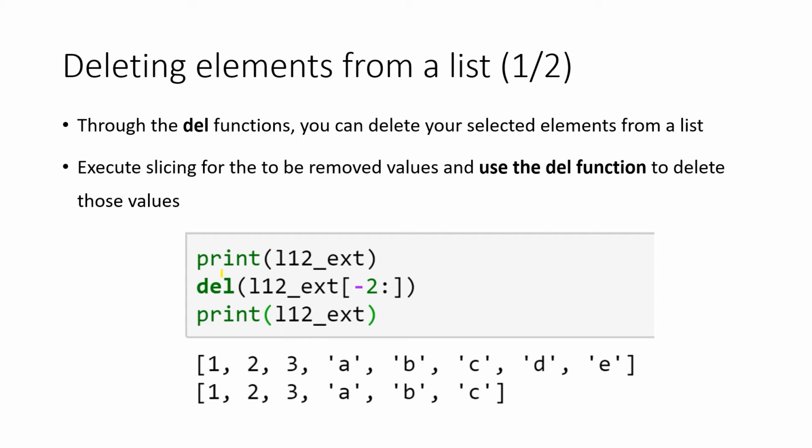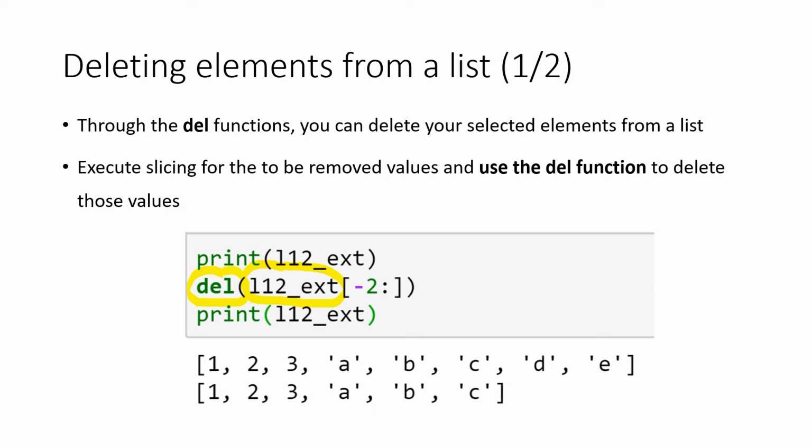So first, we write the del function to tell Python that we want to delete a certain element, or maybe even a list. Then we define what kind of list we would like to delete, and we don't want to delete the whole list. We only want to delete certain elements within that list.